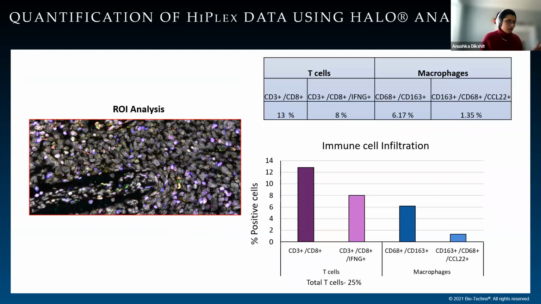For example, here we have CD3, CD8 positive cells. And out of the 25% T cells, which are the total number of T cells within this ROI, about 12 or 13% are CD8 positive. About 8% are CD8, CD3, and interferon gamma positive, and so forth.